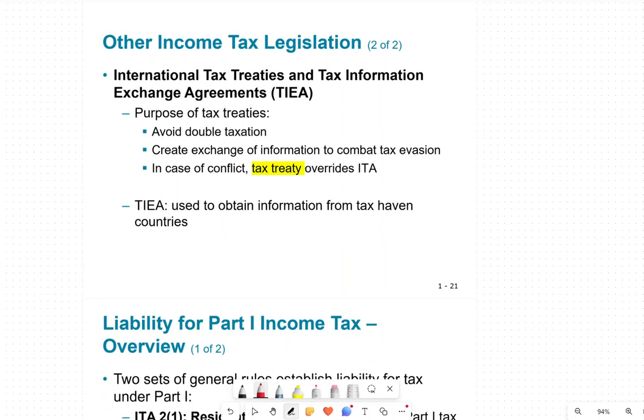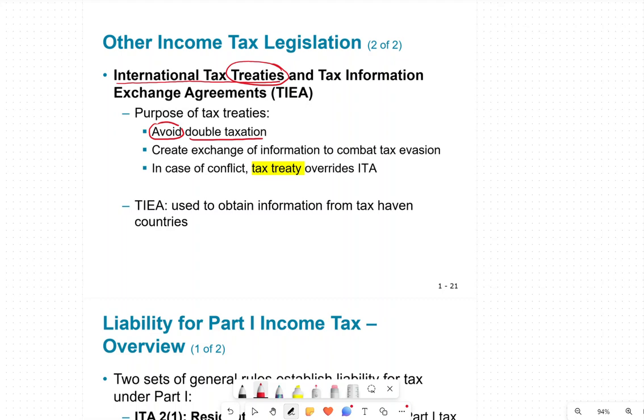Now we also have something called an international tax treaty. We have a treaty with different countries, and why do we have it? We want to avoid double taxation. That's why we have a treaty. We have a treaty with a lot of countries. For example, we have a tax treaty with the US.